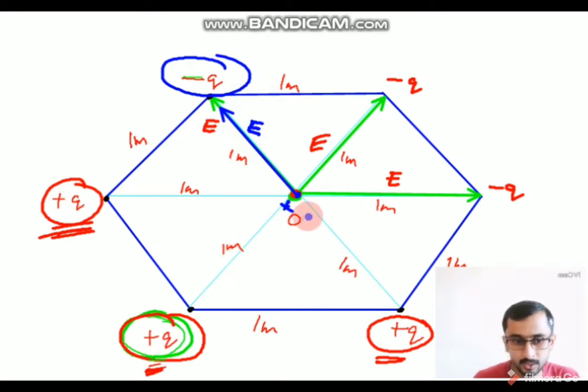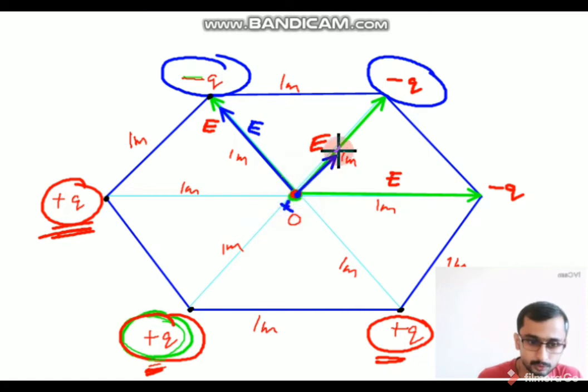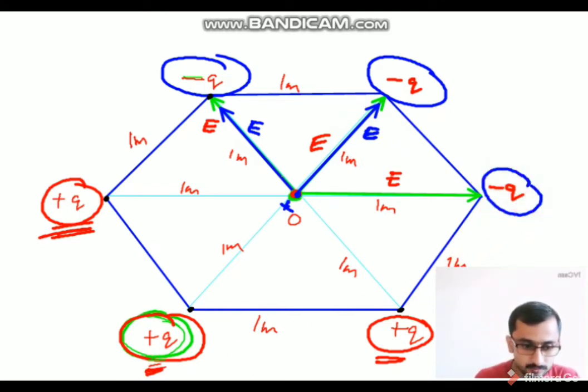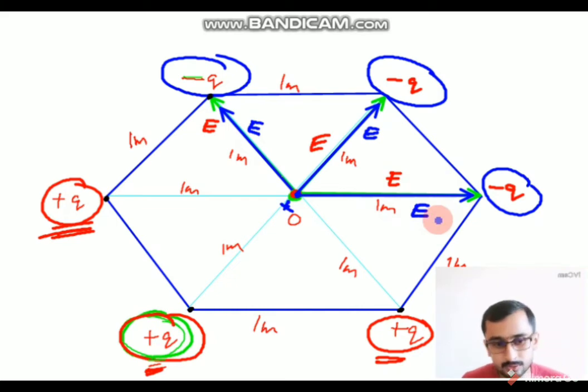Similarly, due to this charge, what is the direction of electric field at this particular point? That is always from positive to negative. Then what about magnitude? It is also E. Similarly, due to this charge, again it will be from positive to negative, and the magnitude is also E. So E and E acting along this direction, here also E and E acting along this, E and E acting along this.